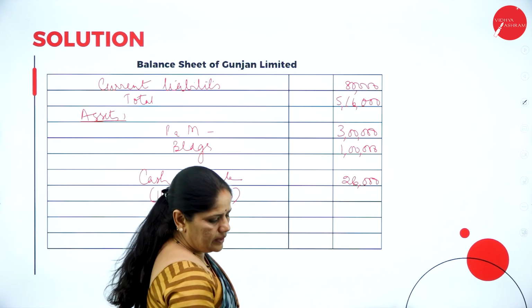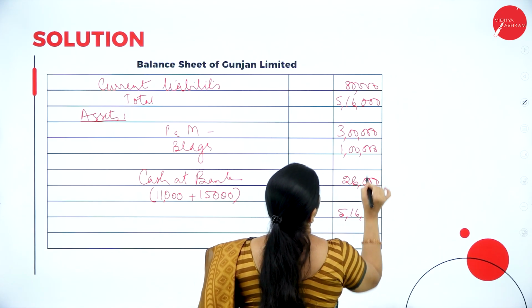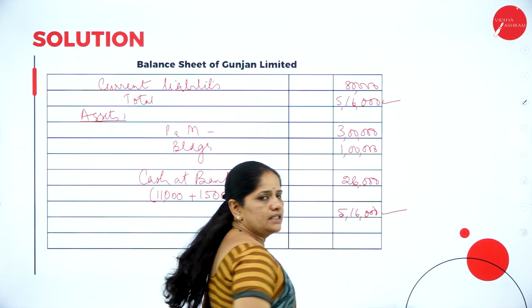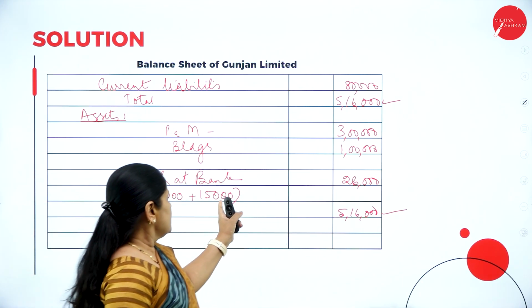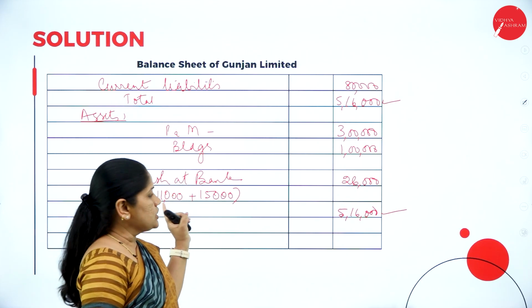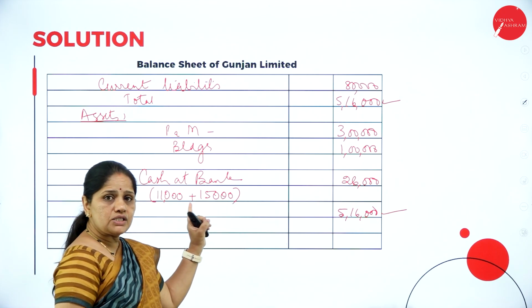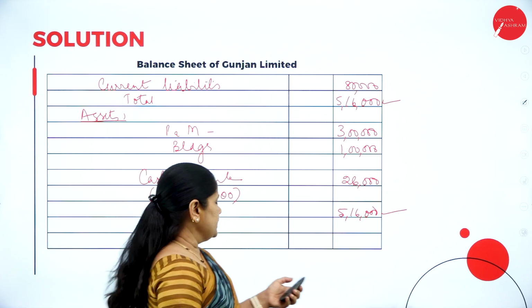So the total will be 5,16,000. So cash at bank is 26,000. This 11,000 is the amount which has not been paid to the preference shareholders. 15,000 is the balance to be maintained here. So this total is 5,16,000.